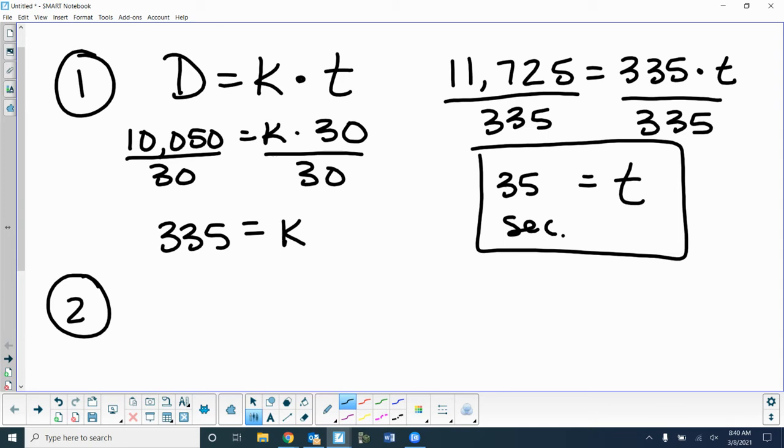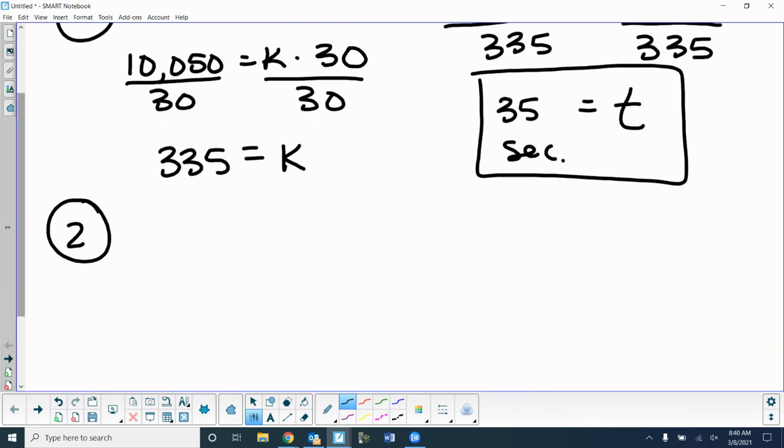Number 2, the volume of a cylinder varies jointly. So volume V equals K. Jointly means there's at least 2 things that I'm going to multiply after that K: the height H and the radius squared.